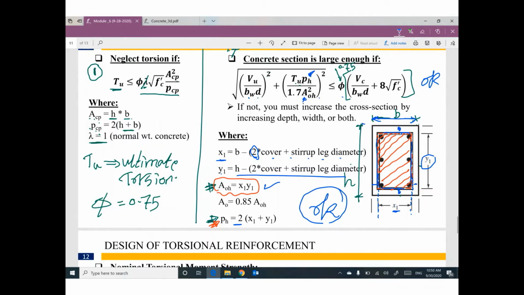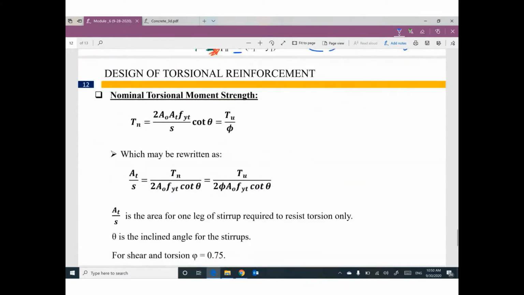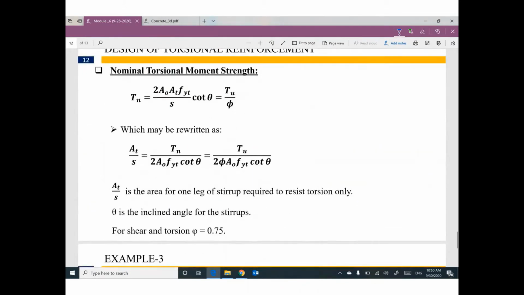The first one, do you think we can neglect this torsion? Do you think the concrete cross section is enough? If the first one is okay, neglect torsion and stop, and you can say we don't need any stirrups. If the second one is okay, go ahead and keep going because your cross section is good as a concrete. So the following step, how can we design the stirrups required for torsion? And I will cover this next time.